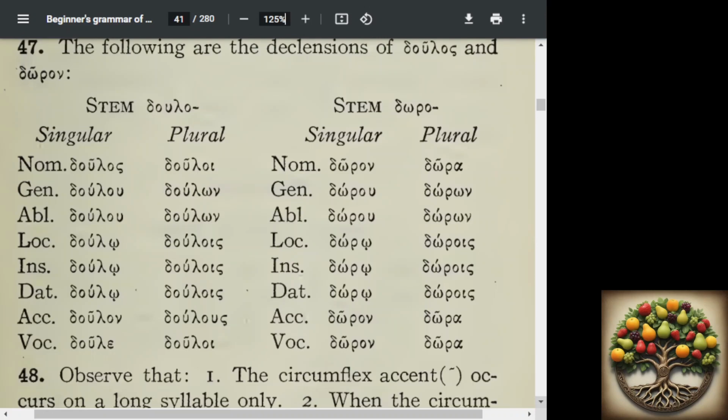These words only have two syllables, and so we're going to just take a look at them side by side here. Observe the circumflex accent, it occurs only on a long syllable. So in the nominative singular in doulos, that's a diphthong, that's long. And in the nominative singular in doron, that's an omega, and that is long.